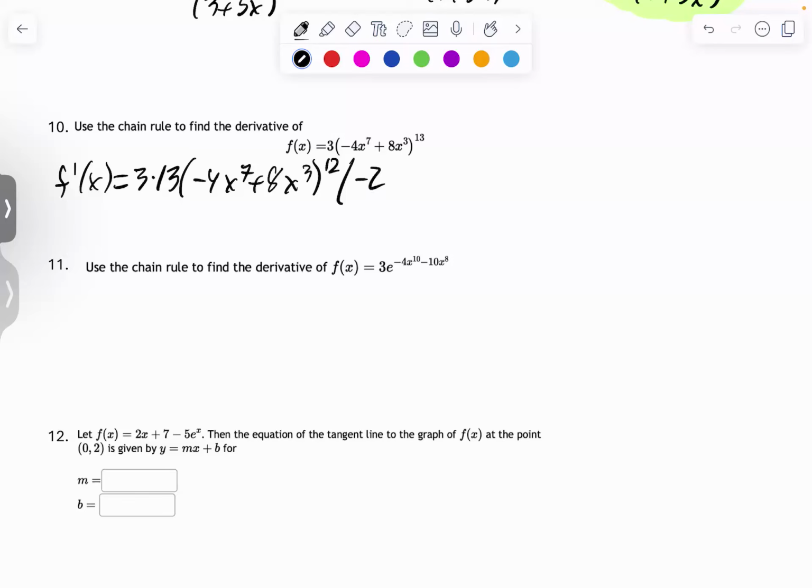That's going to be negative 28x to the 6th plus 24x squared. And although we could probably clean that up, I'm just going to leave it as is. We can get the 39 out in front of the whole thing. Again, I'm more interested in that first step.